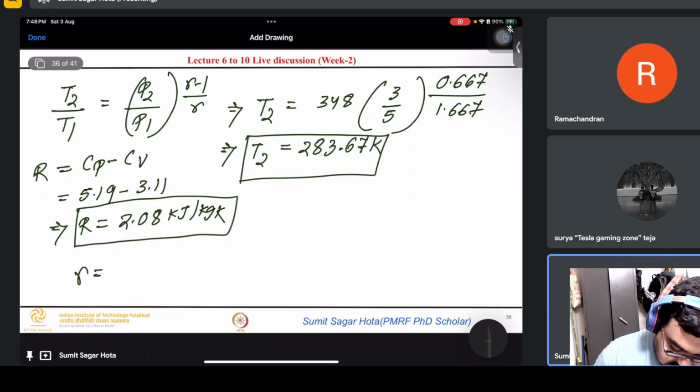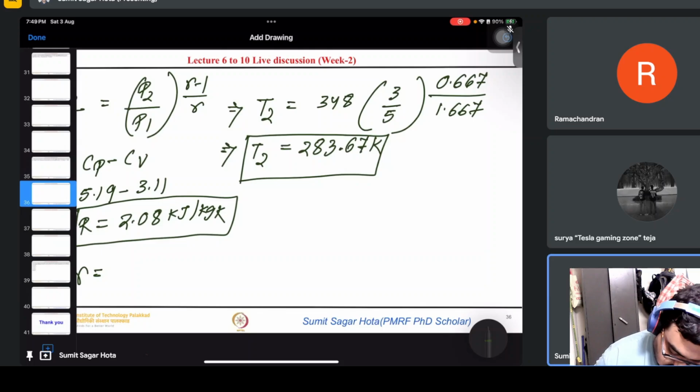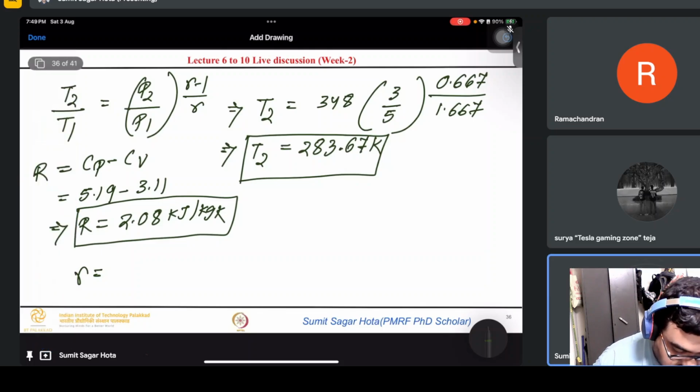In the question, it's given gamma and Cp, so if you are surprised how I found out the Cv, the procedure I am now showing.